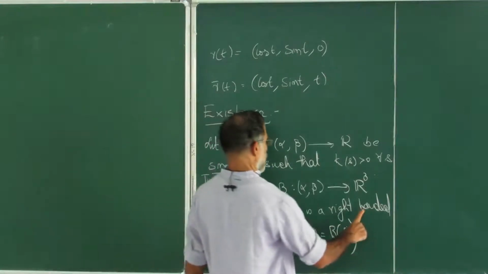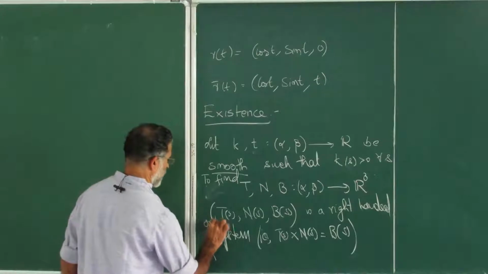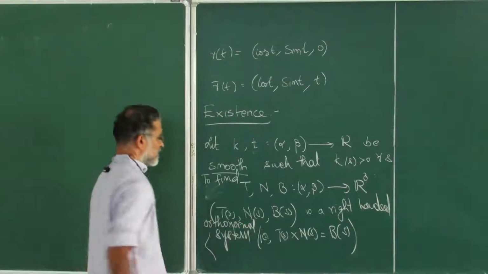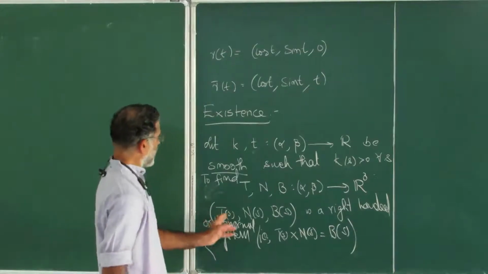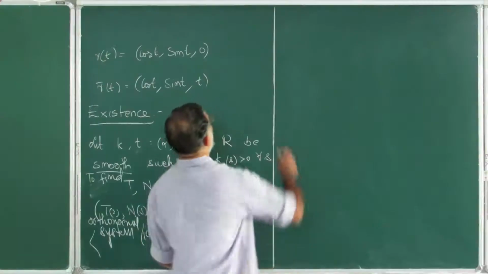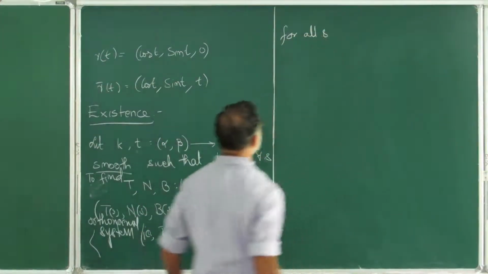A right-handed system, and we should not forget to write orthonormal. That means the norms are 1 and they are orthogonal to each other, for all S.